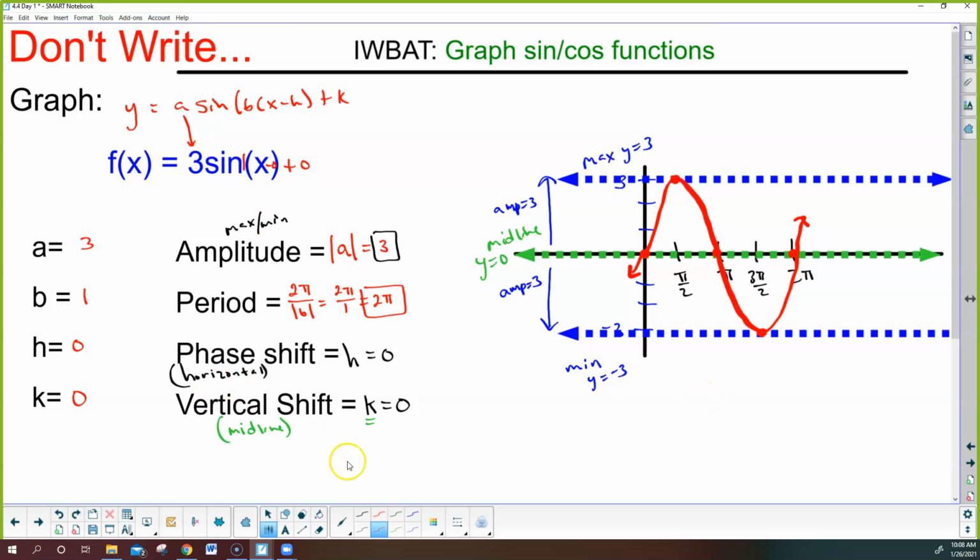Now I do want to point this out since I have this up here. What if I had a negative here? What would that negative do to all of these points? Well, it wouldn't change the 0, but it would reflect. So instead of going over pi over 2 up 3, it would go down 3, and then it wouldn't change this point, because if I make 0 negative, it's still 0.